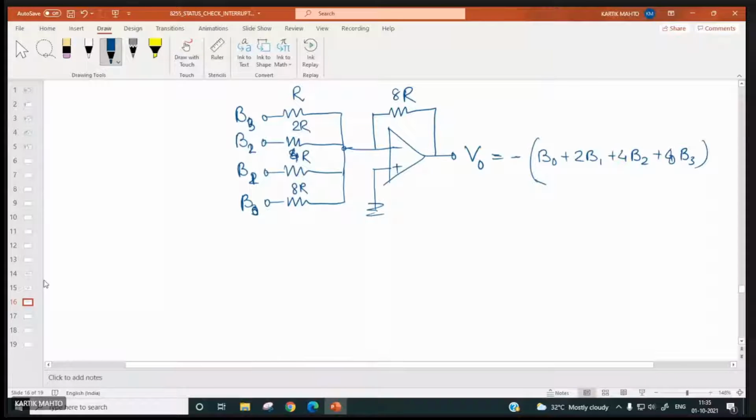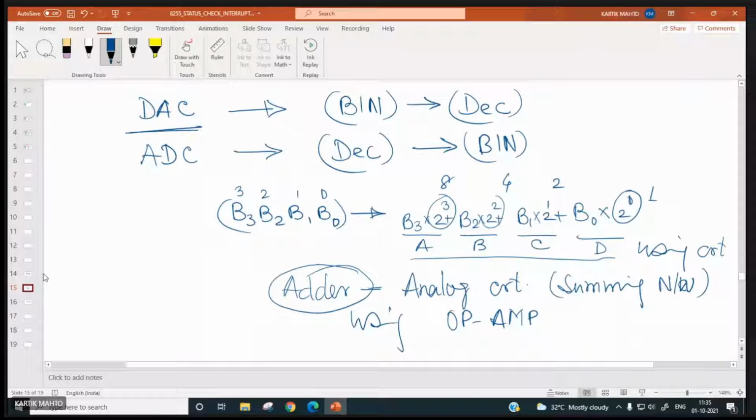Now I think it is correct. And this is what we wanted. What I told you, binary to decimal, okay? So binary to decimal is your DAC.